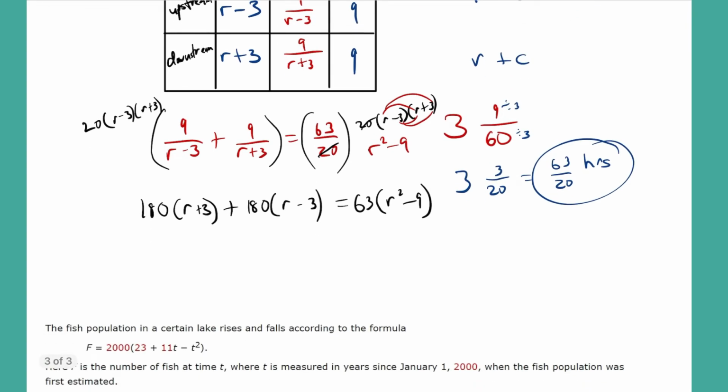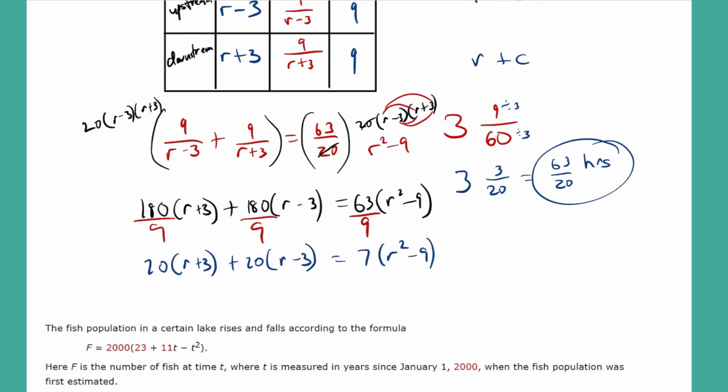All right, now we have this equation that has some large numbers. Let's see if we can solve it. Well, I'm noticing that 63, 180, and 180 share a common factor of 9. So why don't we divide out the 9 to make these numbers a little smaller? So that's going to be 20 times r plus 3 plus 20 times r minus 3 equals 7 times r squared minus 9. So that helps out a little. Now we can distribute.